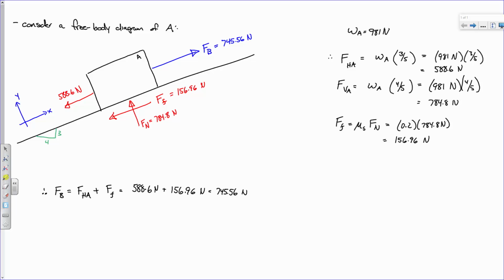Is 735.56 the answer? Divide by gravity. There you go. So the mass of B is the force of B divided by gravity. And that is what? 76.